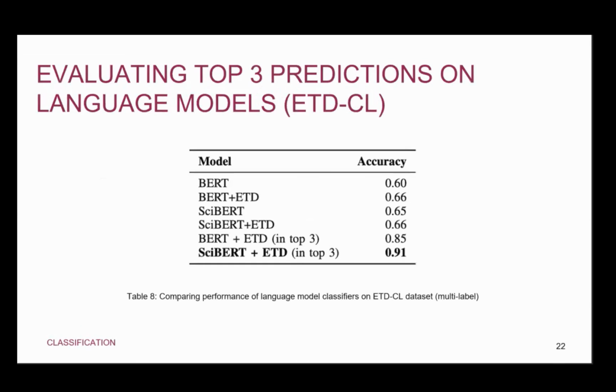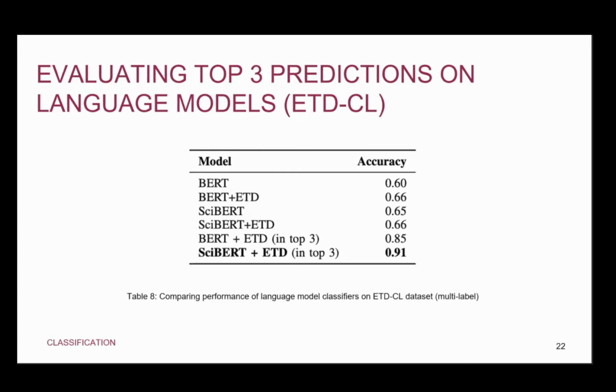So when evaluating the top three predictions on language models, we are doing a multi-label evaluation with a multi-class evaluation. Now we don't have ground truth at the multi-label level, so accuracy is the best metric because we are just trying to understand what fraction of the classes the model got correct when compared to the ground truth.